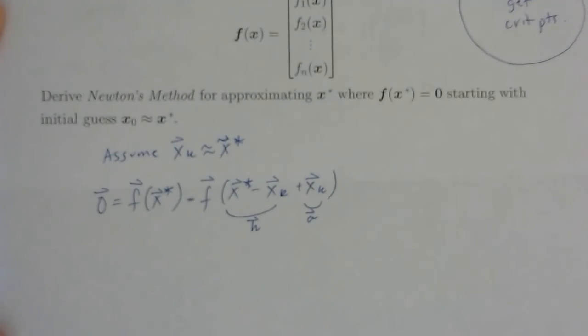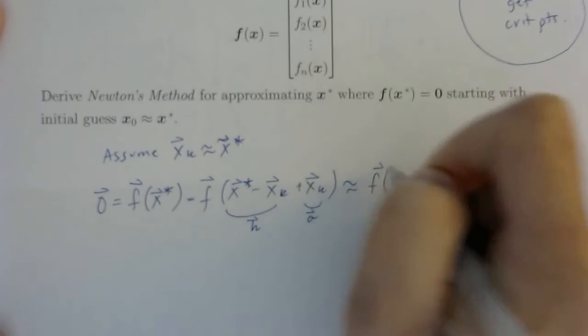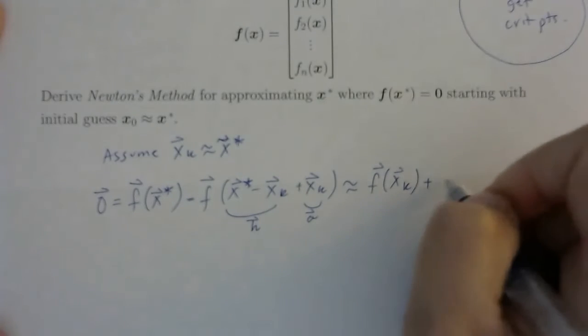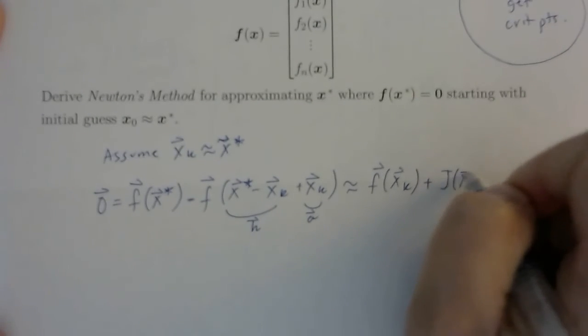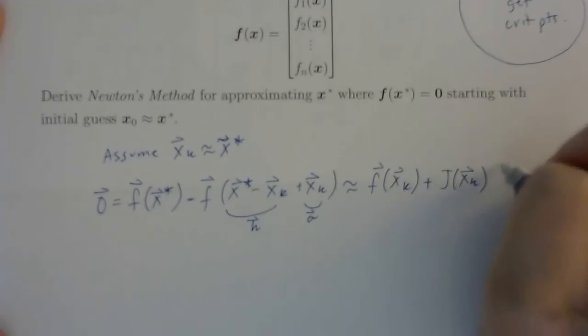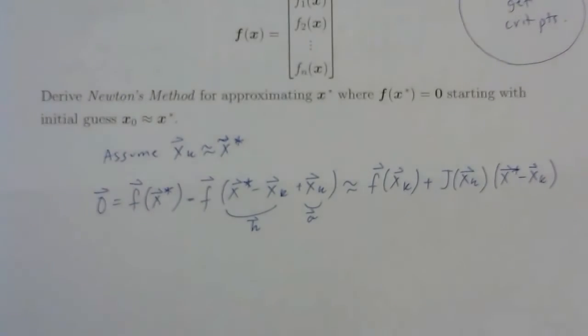So this now is approximated by f of a, which is xk, plus the Jacobian at xk times h, x star minus xk. So basically the same as we had for the scalar valued function, just a multivariate analog.